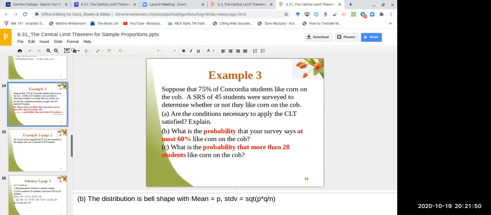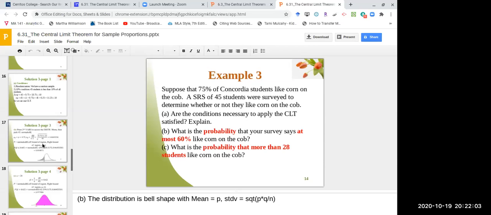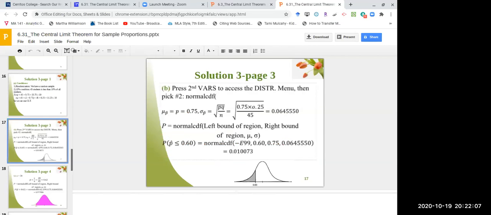The assumptions are on the slides. Make sure you study them. You will have to write out the assumptions. She shows you how that works, how you test this particular thing, and how to calculate the probability that she's asking for.